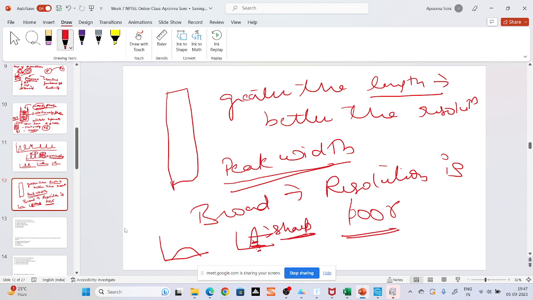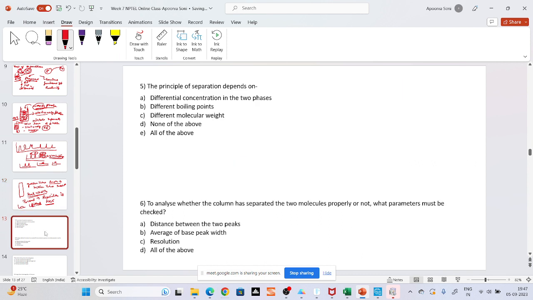Okay, so now we'll see the questions. The first question is, the principle of separation depends on differential concentration in the two phases, different boiling points, different molecular weights, none of the above, or all of the above. What is the answer?